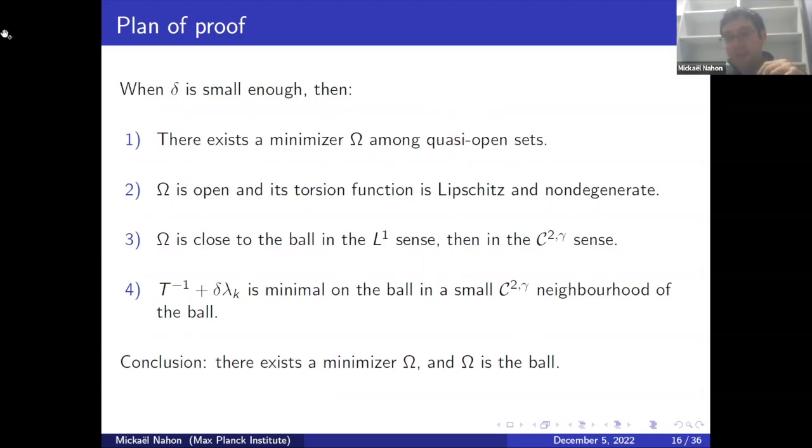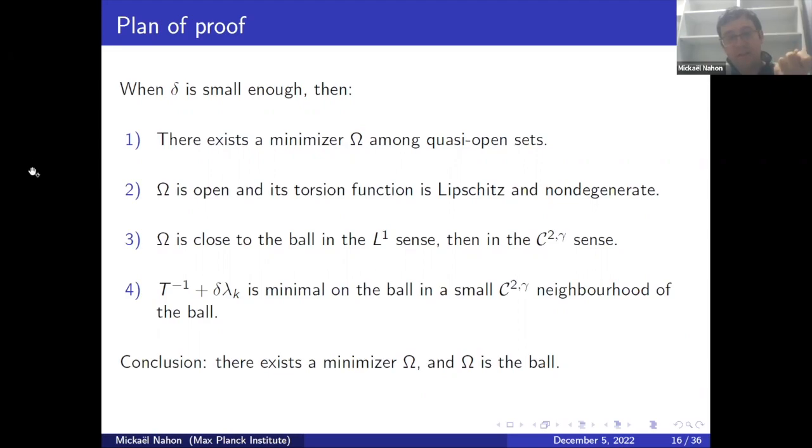Then we prove that this minimizer is actually an open set, and like the torsion function and eigenfunctions on it are Lipschitz and have some kind of non-degeneracy property. Then we say that the minimizer omega is close to the ball in increasingly stronger sense. So we have first L1, then Hausdorff sense, and so on, until we have that it's close to the ball in a C2 gamma sense, so in a C3 sense, basically.